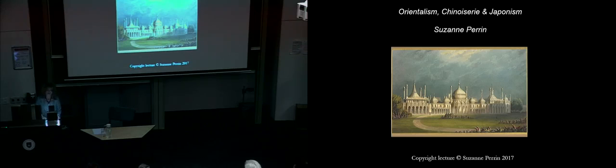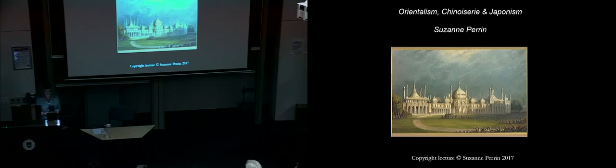This course is an introduction loosely called Japanism to Modernism. Though I thought it would be good to try to trace the threads between Orientalism, Chinoiserie, and Japonism, because they're all quite different and they have different trends and different outcomes.